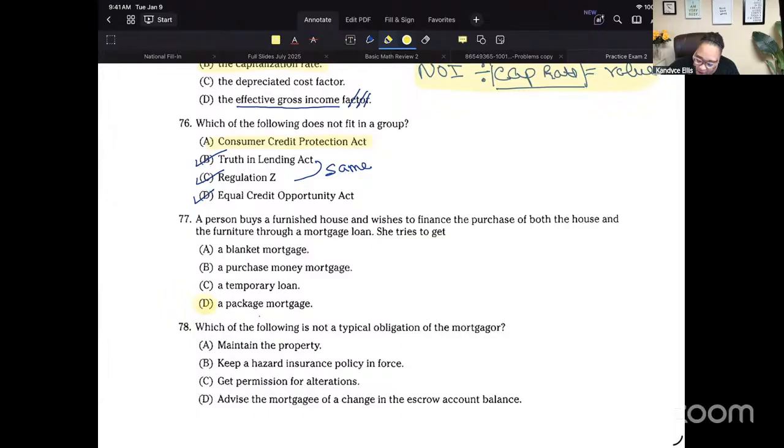So, yes, our answer is package mortgage because we've got both the house and the furniture. You are using them as collateral, as security. Kind of like when you go to the pawn shop, and they give you money and then you give them some collateral so that you come back to pay them back. You're using the house and the furniture, personal property, as collateral. Package mortgage.